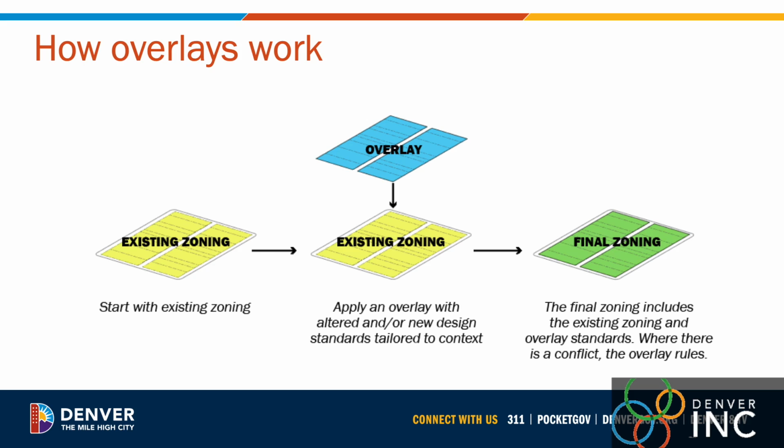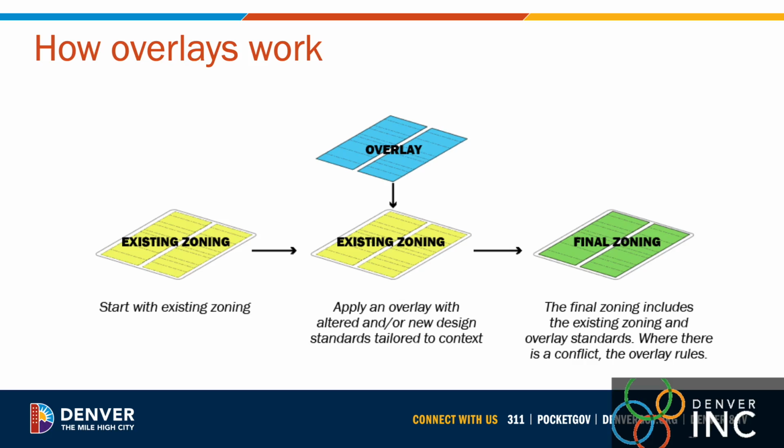The way overlays work is that they work on top of a base zone district. So they don't change what your primary zoning is. All the properties in Denver have a zoning district. For residential neighborhoods, you're probably used to seeing things like a USU, which stands for urban context single unit, or an ETU, which is urban edge, 2 unit.